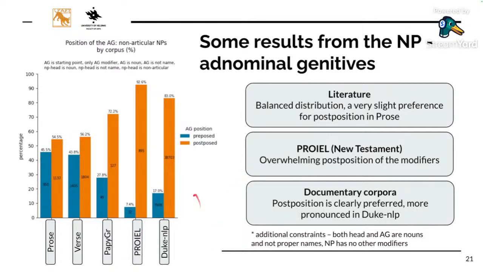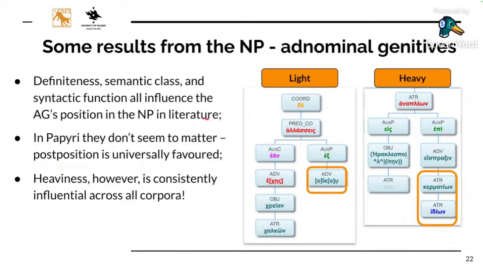You can see that in different corpora, they appear before or after the noun in different proportions. The literary texts have slightly more postposed instances, but for papyri, and especially for New Testament Koine Greek, postposed is the way to go. And there are very many factors that account for that.